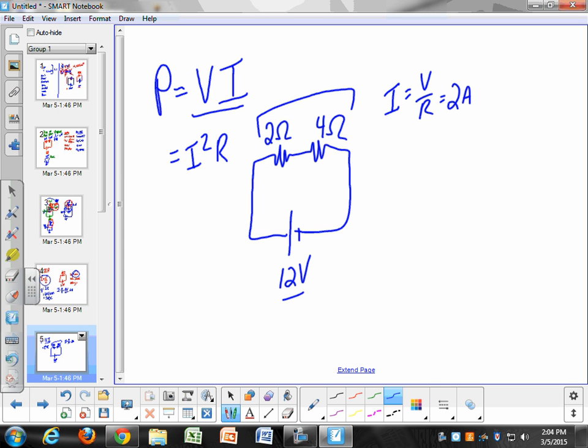You get it from substituting Ohm's law into the power equation. It's also on your equation sheet. So for this one, it's going to be I squared, that's 2 amps squared times R, which is 2 ohms, and that's equal to 4 times 2, or 8 watts. And then you could do a similar thing for this one. It would be 2 amps squared times 4, which would be 16 watts.